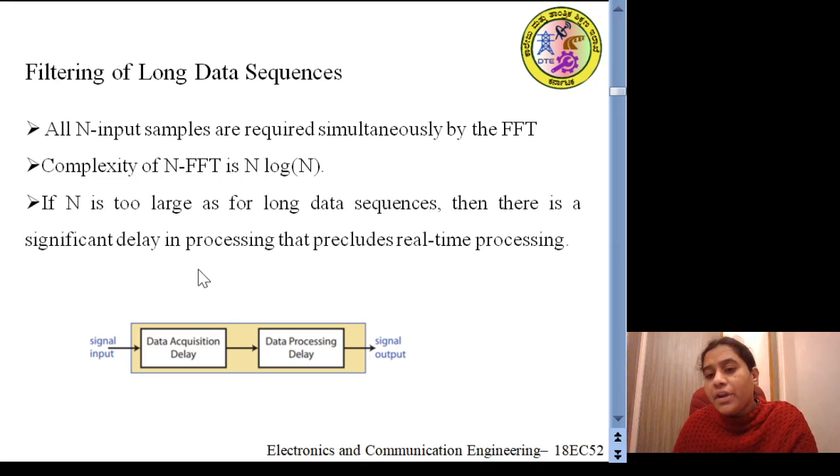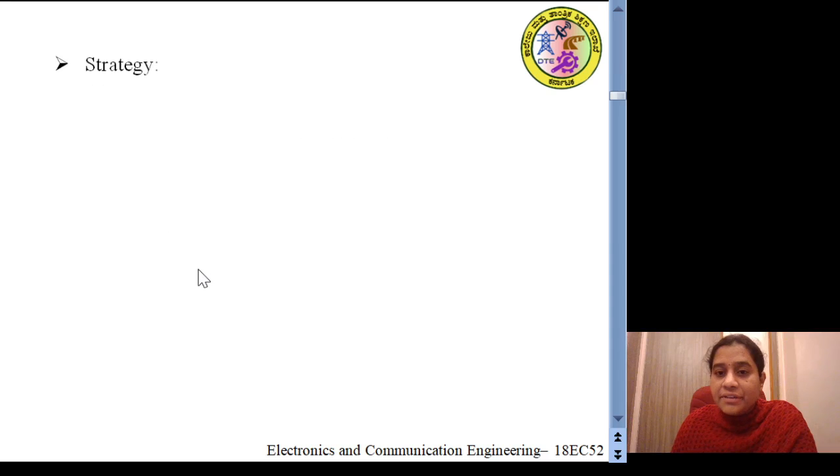If the value of n is too large for long data sequences, then there is a significant delay which acts as a hurdle for real-time processing.